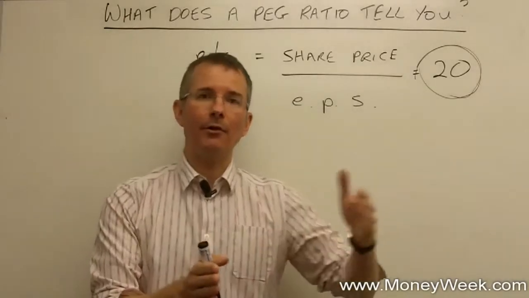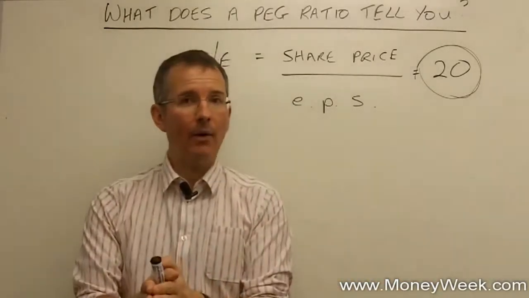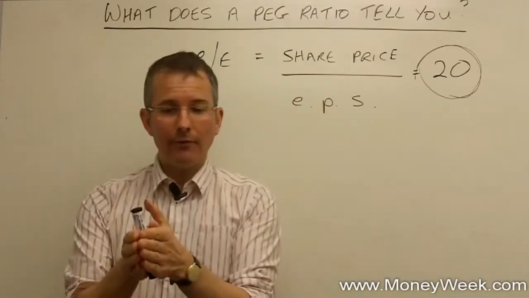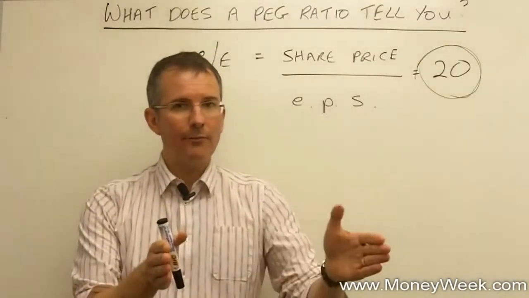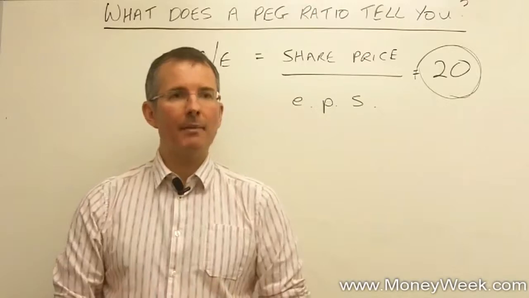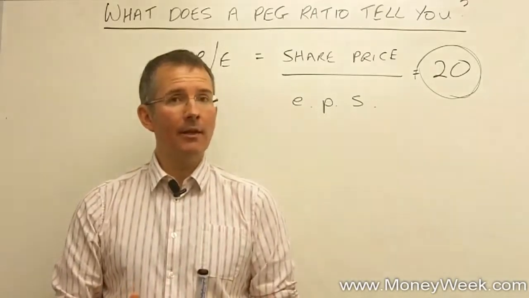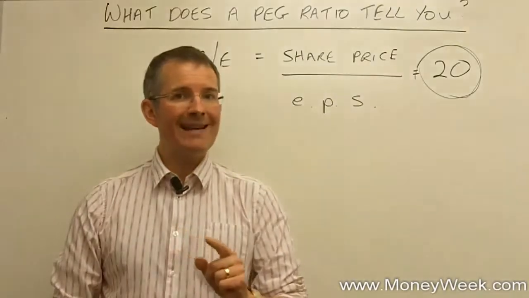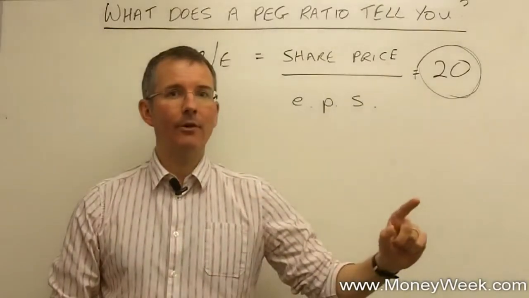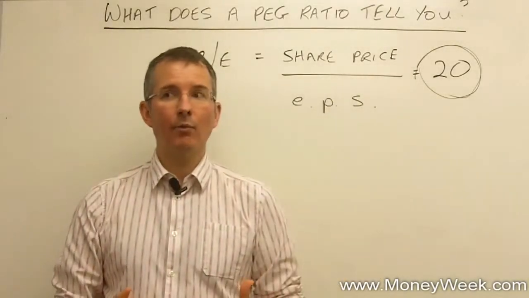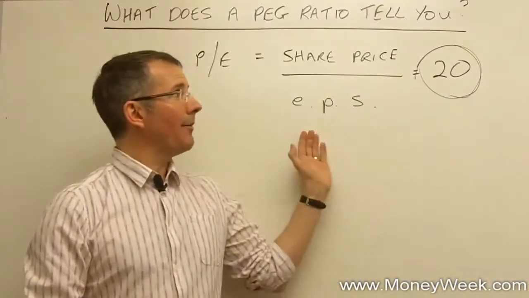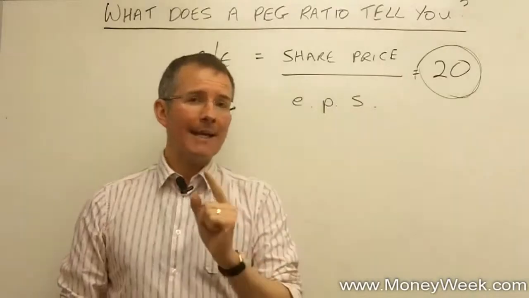So a pound received in 20 years is worth less than a pound now, thanks to inflation. So essentially, a share price represents a string of future earnings. If you're not sure about that, think about a property. In theory, a house is only worth the future rental income you can squeeze from it. Otherwise, what's its value?